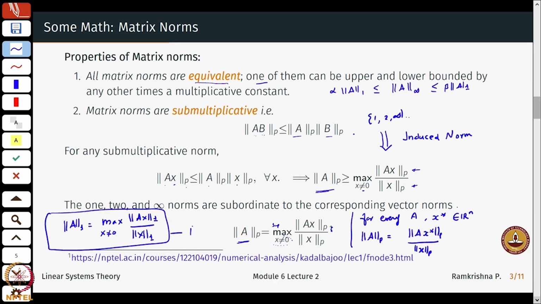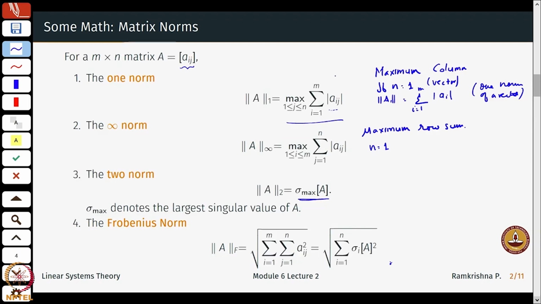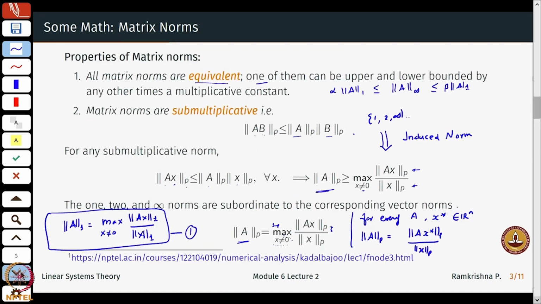Now, is this norm, which I label as 1, equal to the 1 norm that I defined here? So, if I go back, the question is, I will just write it over here, is 1 equal to 2?